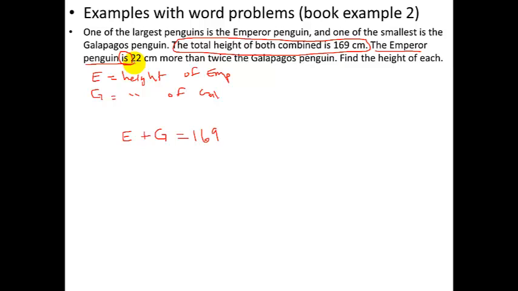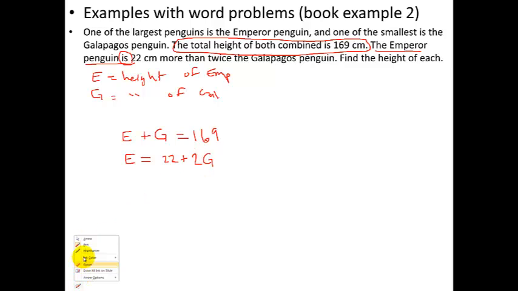This keyword is equal. So E equals 22 centimeters more than, so 22 plus twice the Galapagos penguin, so 2G. Okay, E plus G is 169, and E equals 22 plus 2G.